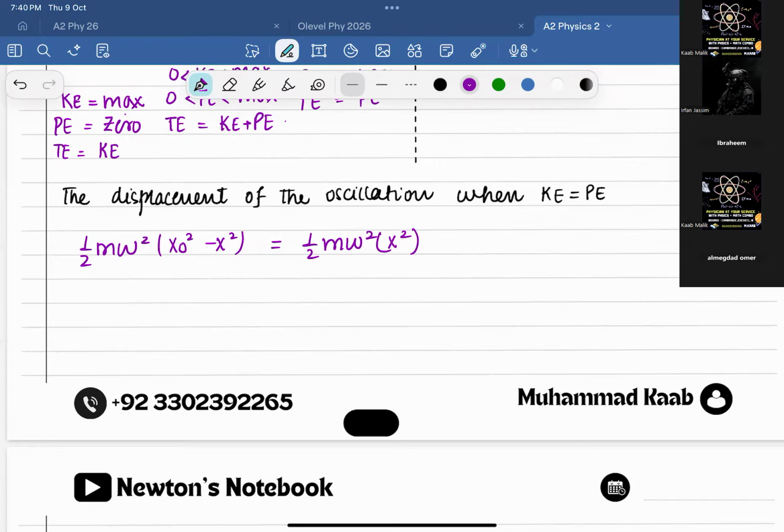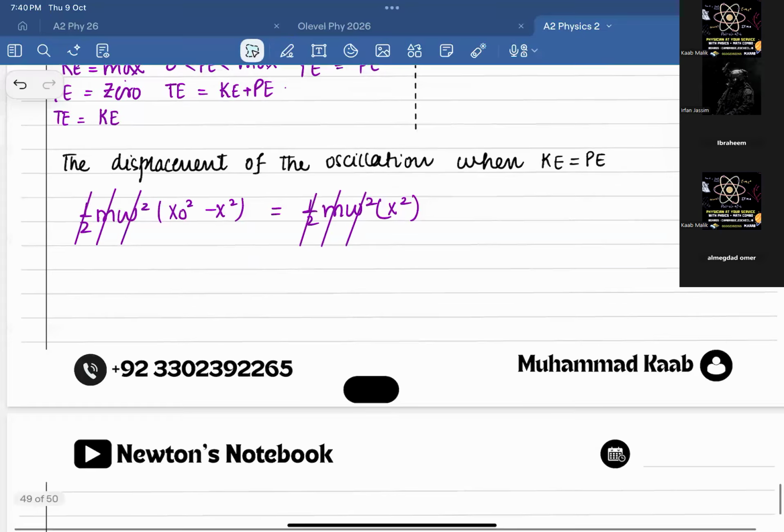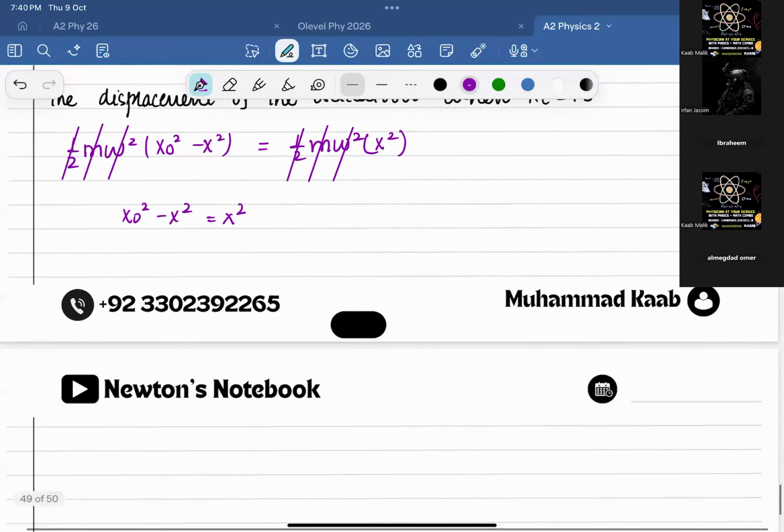Now these things cancel out on both sides. So you're left with x naught squared minus x squared equals x squared.